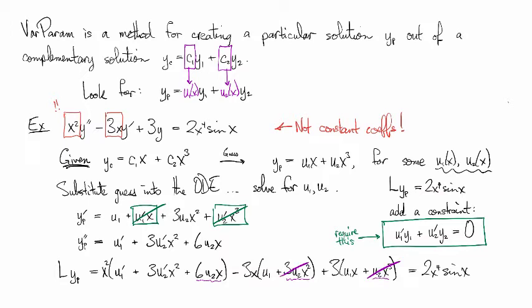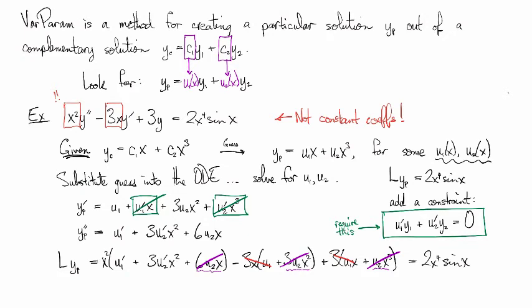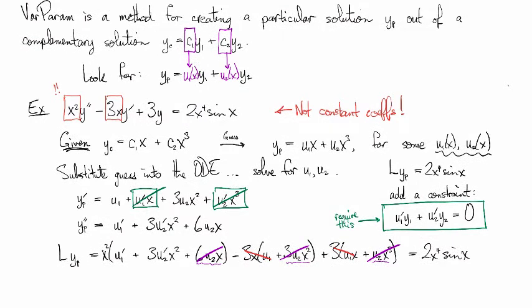Bam, bam, bam. And let's see what else I have. 3u1 x and minus 3u1 x. And there we go.